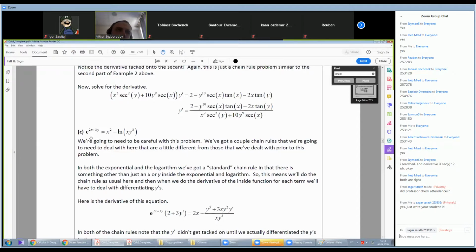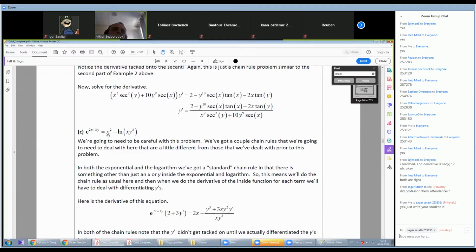The derivative of the exponent is the exponent itself times the derivative of the expression in the exponent, right? The derivative of 2x is 2, and then 3y gives 3y prime, right? So this is the derivative of the left-hand side.